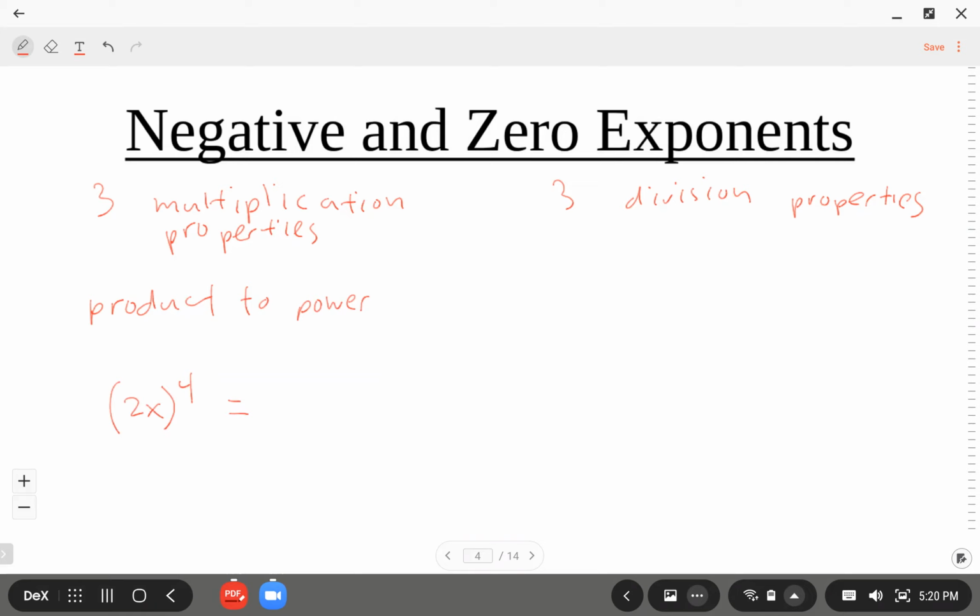When you do this, you have to raise everything in the parentheses to the exponent. So 2 to the 4th power is going to be 16. What is x to the 4th power? It's going to be x to the 4th. So raise everything to the 4th power.